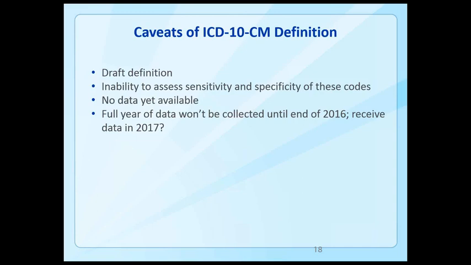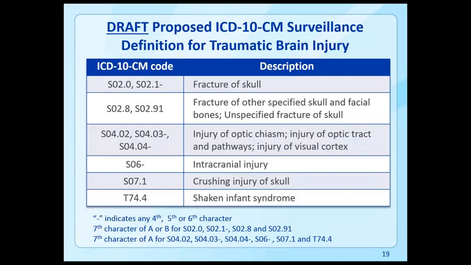As Holly had mentioned, this definition does not go into effect until October 1st of this year, so 2 weeks to go. And so we won't even have a full year of data collected until the end of 2016. And so until we receive that data, hopefully sometime in 2017, we won't even have any data to compare previous statistic numbers. There's no sort of standard with which to compare this definition yet.